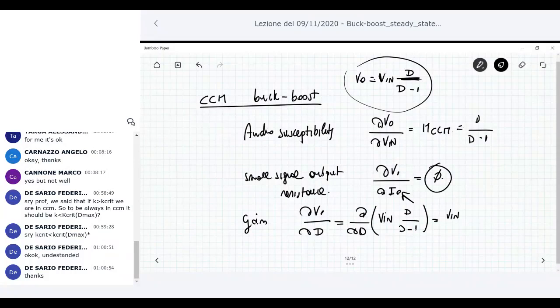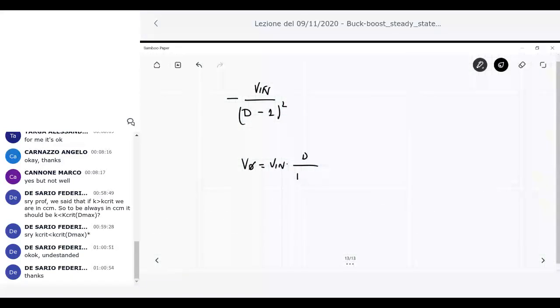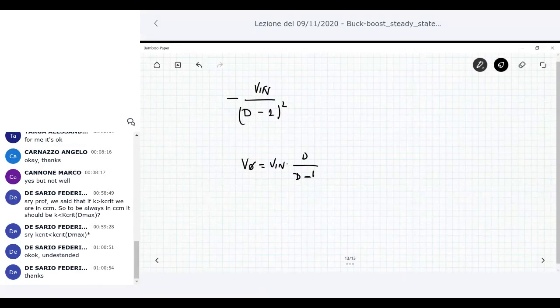V in is a constant in this derivation, and then you have minus 1 over D minus 1 squared. So let me do a little bit of manipulation. We have that the gain is minus V in over D minus 1 squared. Remember that V naught is V in D over D minus 1 for the buck boost.